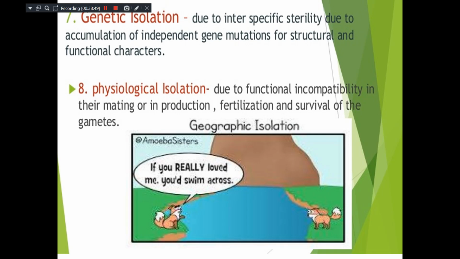Then there can be physiological isolation also. Physiological, due to functional incompatibility in their mating or reproduction. Fertilization may not take place even though they mate, or even if fertilization takes place, gametes may not survive, or the zygote may not survive. All these things are there.